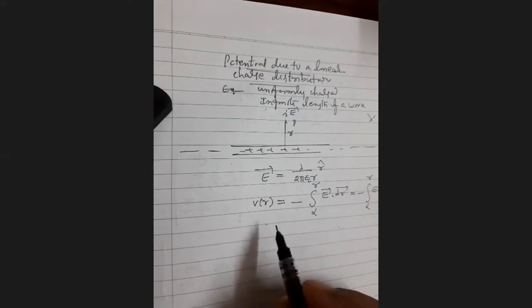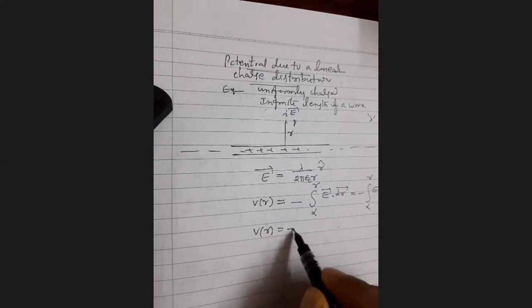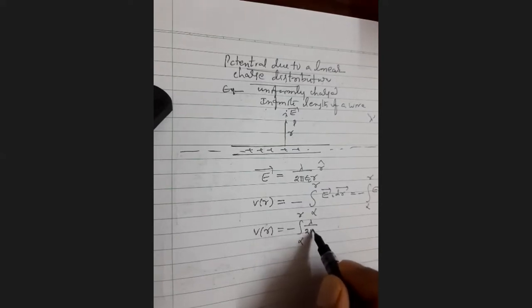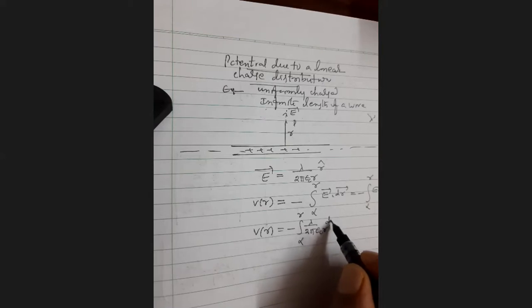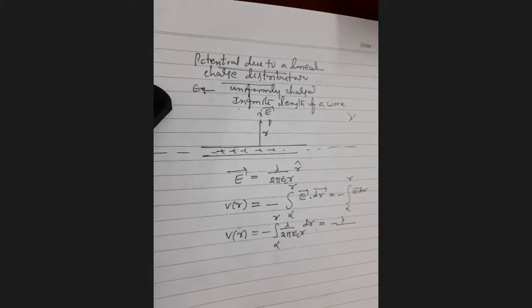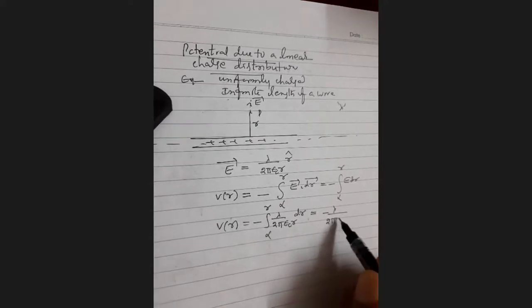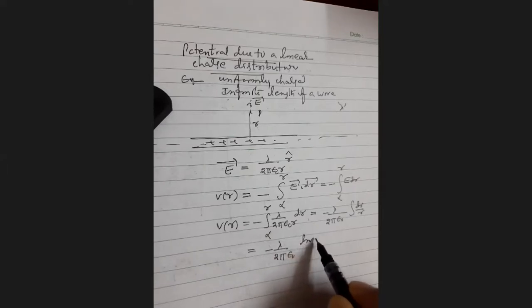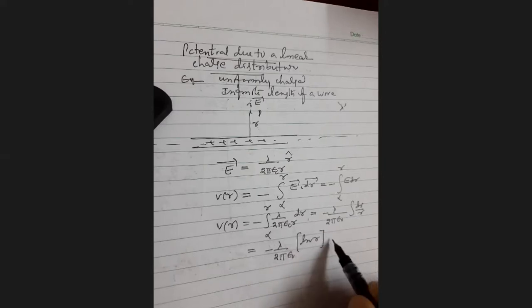By integrating, minus integral infinity to R, you substitute E as lambda by 2 pi epsilon naught R, dr. That equals minus lambda by 2 pi epsilon naught, taking common outside of the integral, of dr by R. That gives minus lambda by 2 pi epsilon naught times ln R plus C, where C is the integration constant.